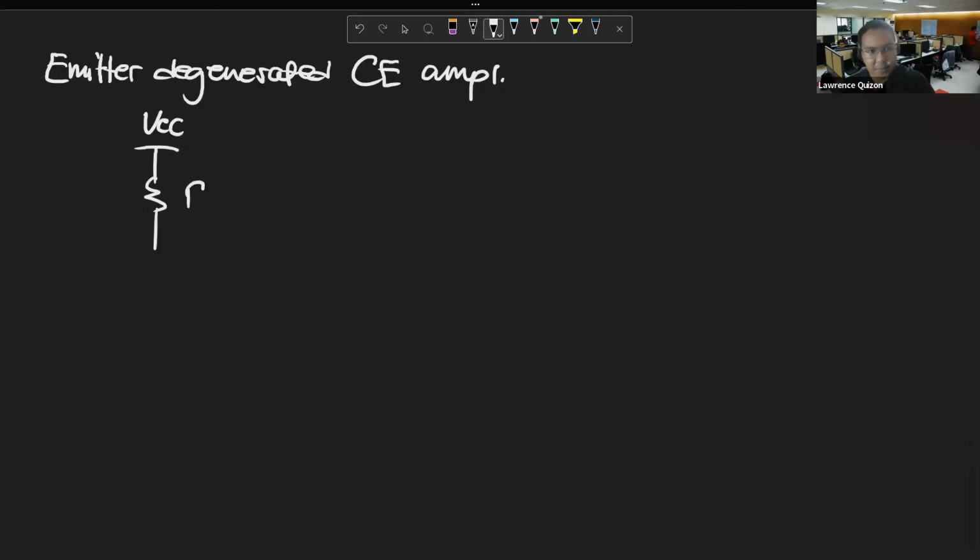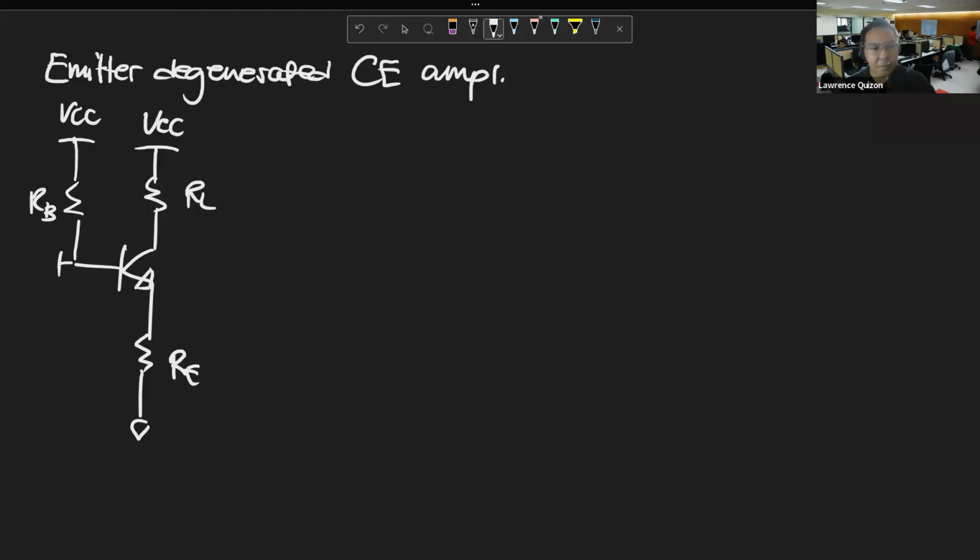So, VCC, RC, well, RL pala, RE, and then RB. Tapos, well, decoupled yung input, but there's an input voltage there and an output voltage here. No? That's the emitter degenerated amplifier.